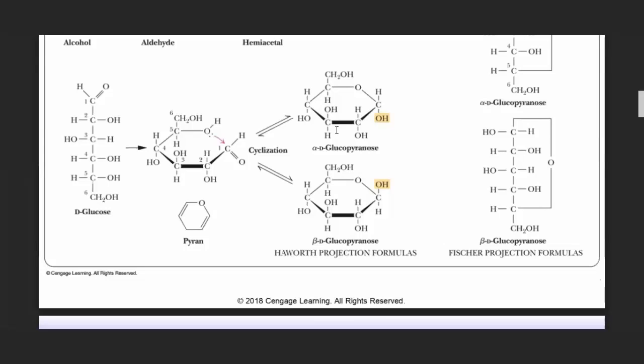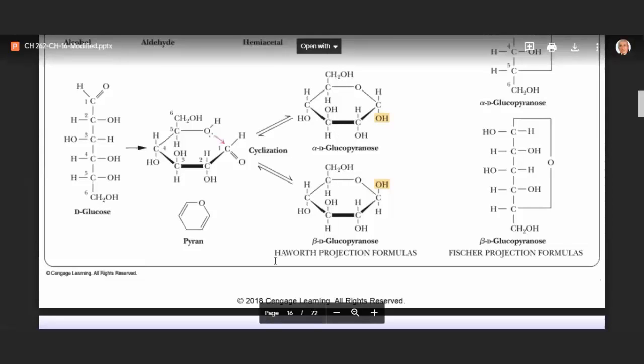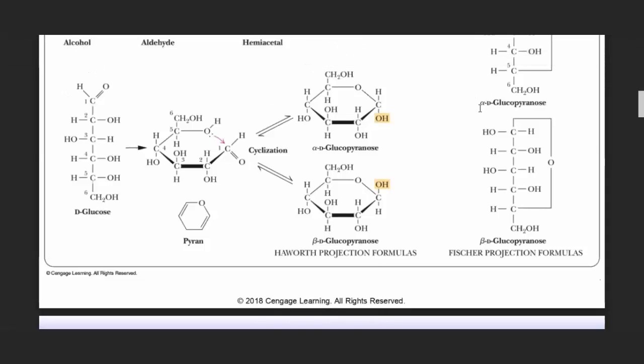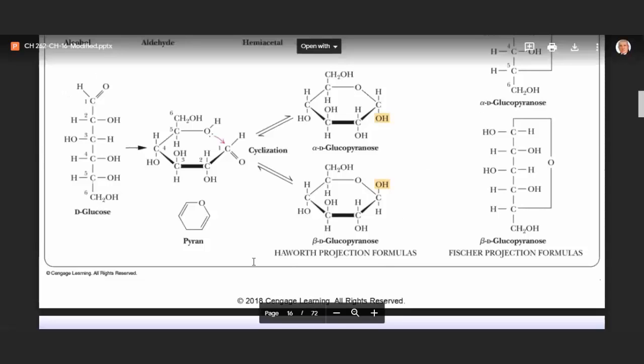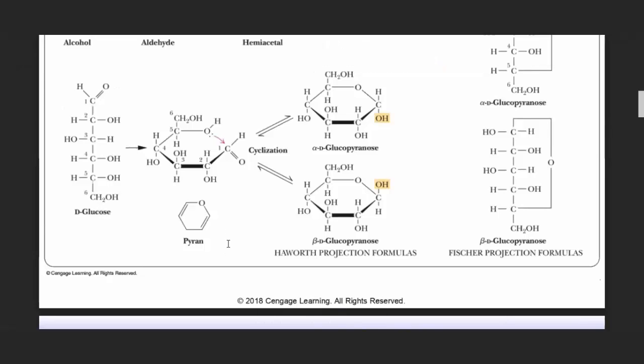So now these are called Haworth projection formulas, and these are Fischer projection formulas as we said. So alpha D-glucose in both representations as well as beta D-glucose.